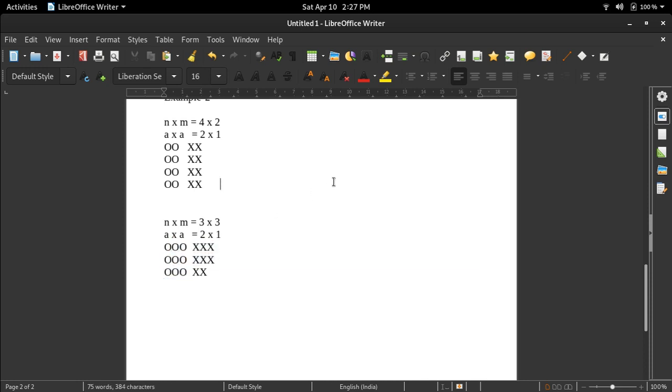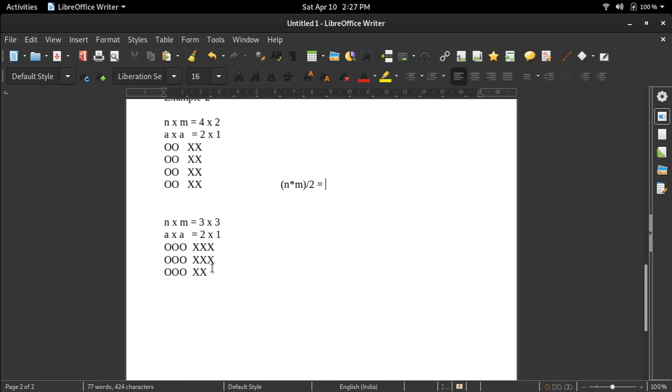Mathematically, how we can solve this problem is very simple. We just need to take n cross m, the area of the board, and divide it by 2. When we divide, we will get some values like x point something.